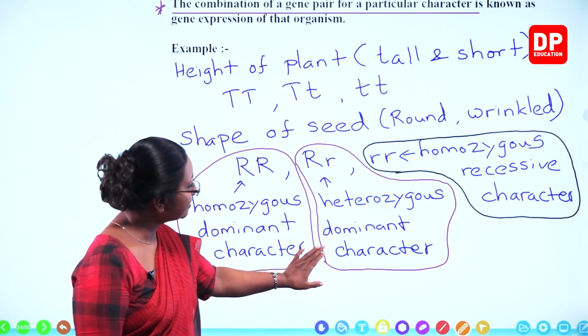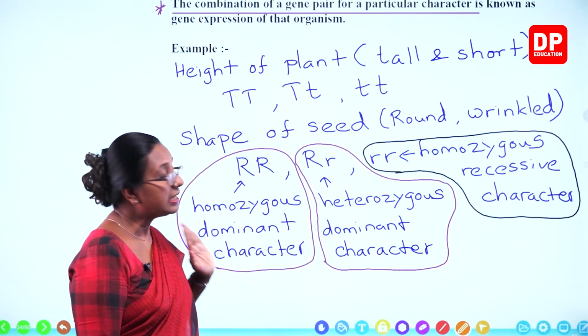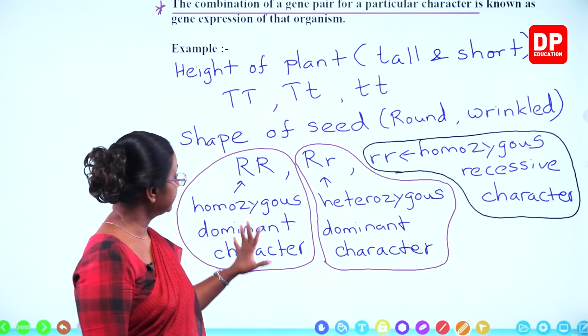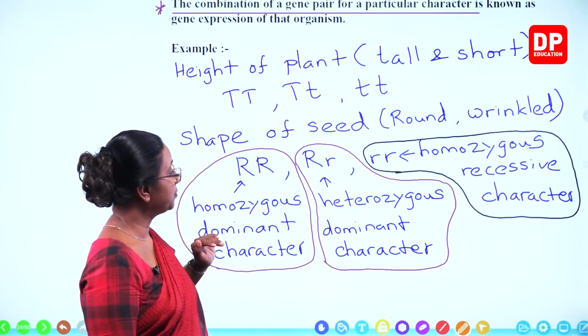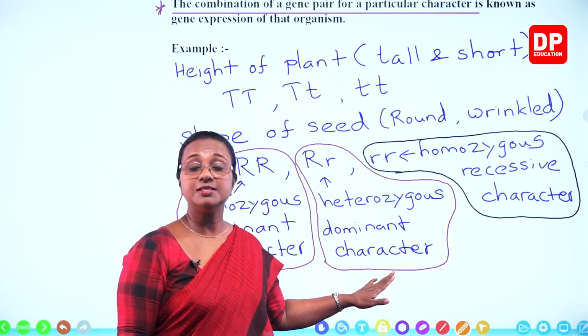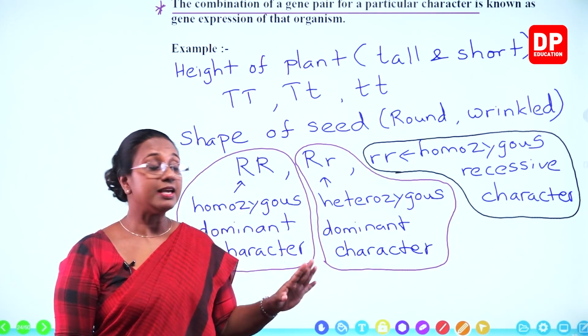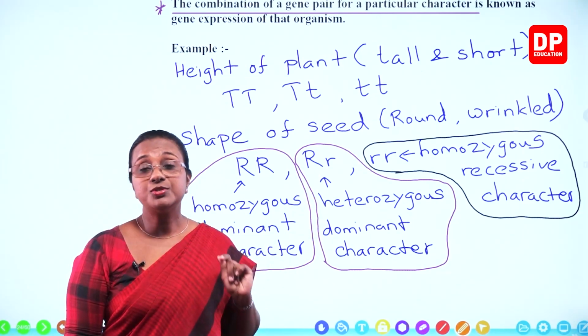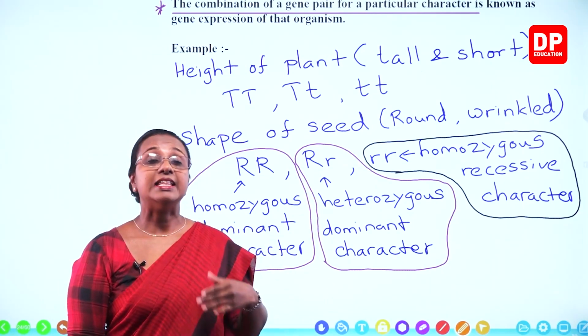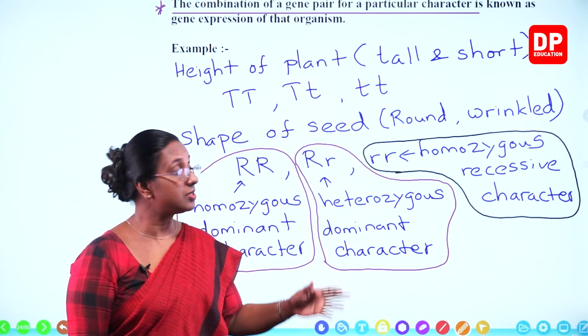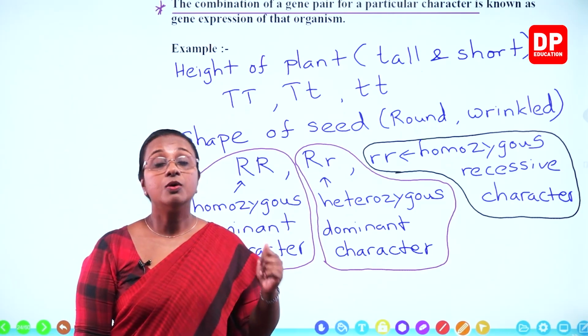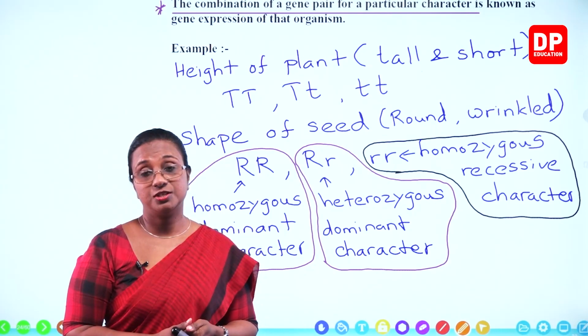You can always remember a dominant character can either exist as a homozygous situation or a heterozygous situation, whereas the recessive character only exists as the homozygous situation. The recessive character is expressed only when it is a homozygous situation.